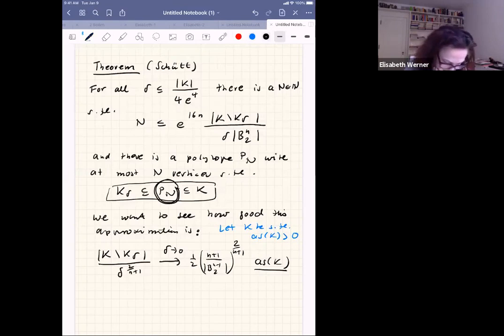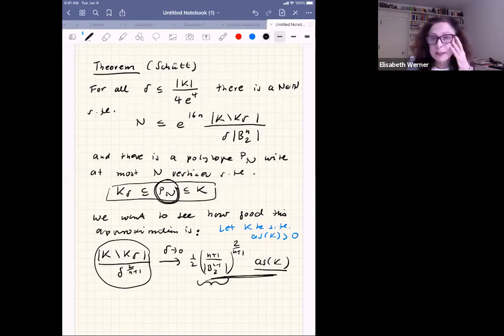So what is it that we are doing here? We know that if delta goes to 0, this difference approaches that limit. Notice that this constant, at least in high dimensions, which is the situation we are interested in, is proportional to a constant times the dimension.